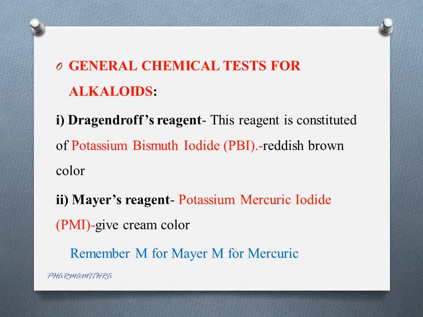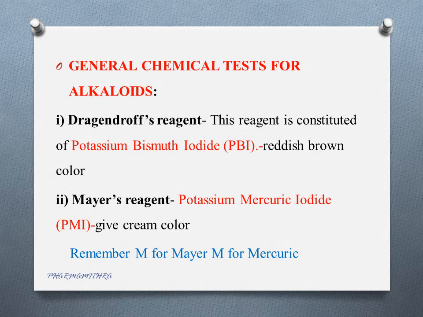First of all, what are the general chemical tests for alkaloid? When asked for alkaloid, Dragendorff's test comes to mind, and Dragendorff's reagent is potassium bismuth iodide. There are tests carried out for alkaloid: Dragendorff's reagent, Mayer's, Wagner's, and Hager's test.